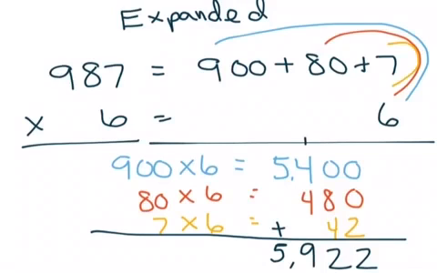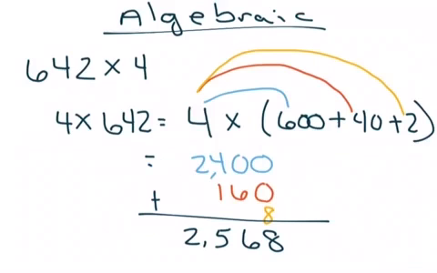And 7 times 6 is 42. And just like last time, those are called your partial products. And you add up your partial products to get your whole product or the final answer. So I added those up real quick, and I got 5,922.